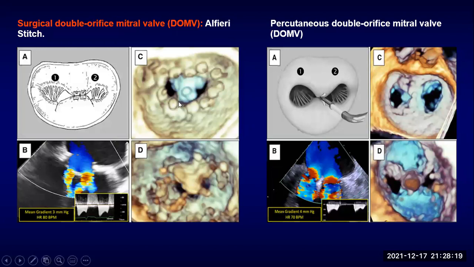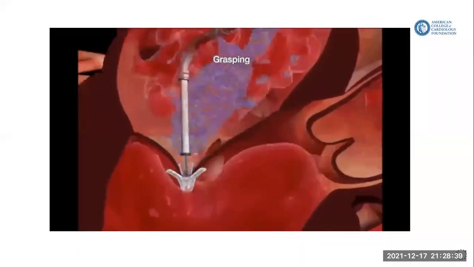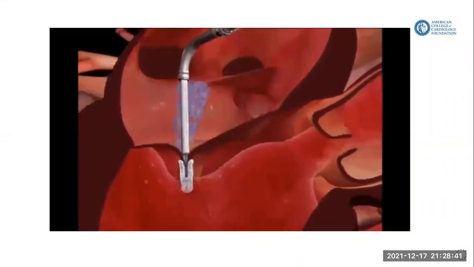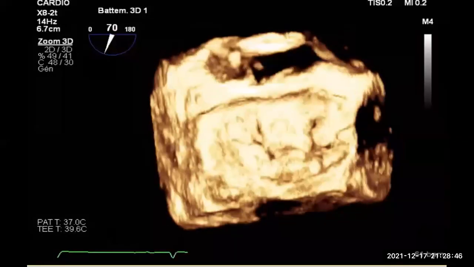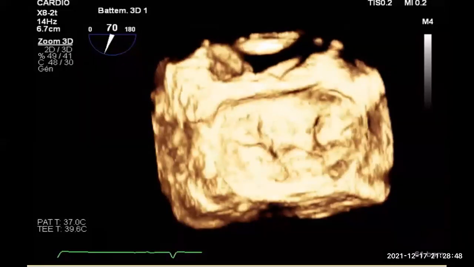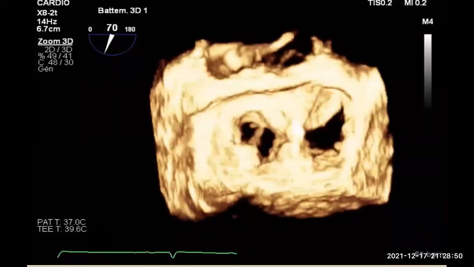And sometimes with surgical procedures like the Alfieri stitch for mitral regurgitation, we can create a double orifice mitral valve. And even in the adult population nowadays, with percutaneous mitral clip procedures, when clipping the mitral valve to decrease the regurgitation, we can have this shape of the double orifice mitral valve post-mitral clip.